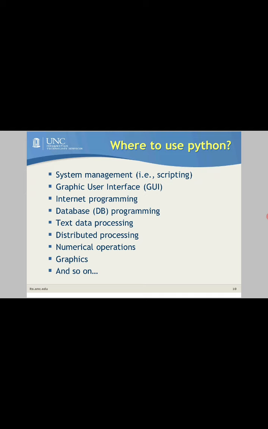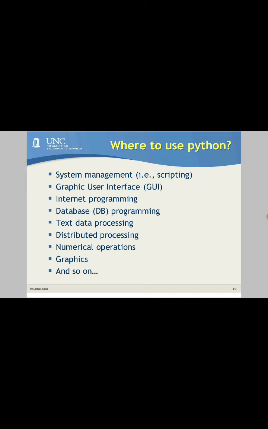We may use Python as a regular scripting language. System management means developing system tools and utilities. It is also used for internet programming, mainly for developing internet based applications, online based applications, and real time programming applications like that.